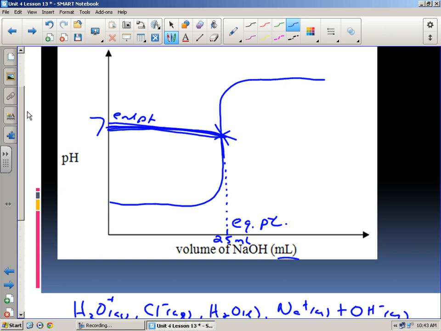If I want to pick an indicator for this, when do I want to see that sudden color change if I wanted to use indicators? What would I pick? Well, you're going to go to your data booklet. Do that now, you're going to need it today anyway. What would do a pH of 7 for you? What's an option? There may be more than one option, by the way, and that's okay. What's probably your best one to start with? Yeah, bromothymol blue would be a good one.